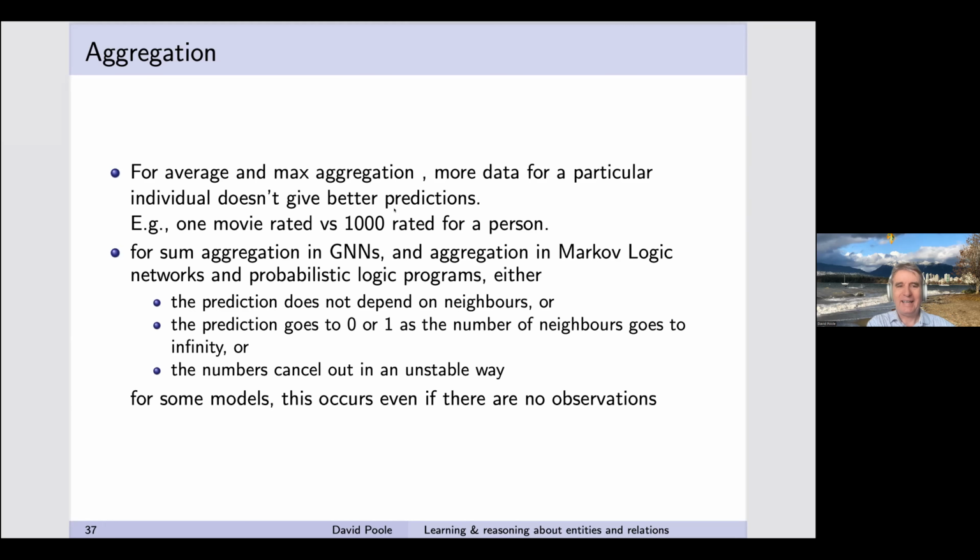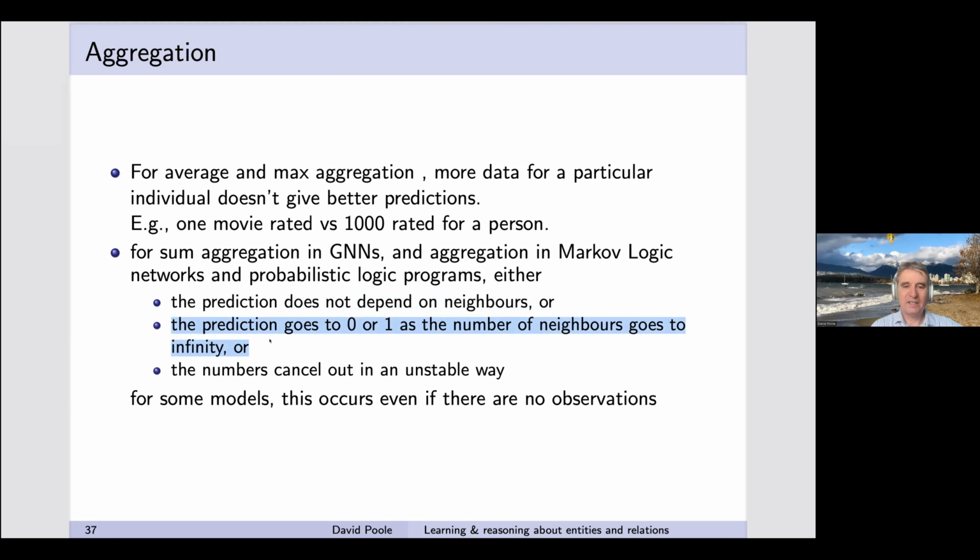For sum aggregation in GNNs, and aggregation in Markov logic networks and probabilistic logic programs, the sum can keep growing as the number of neighbors keeps growing, or shrinking, or just by random chance everything cancels out. So either the prediction doesn't depend on the neighbors, or the prediction goes to 0 or 1 as the number of neighbors goes to infinity, or the numbers cancel out in a very unstable way.